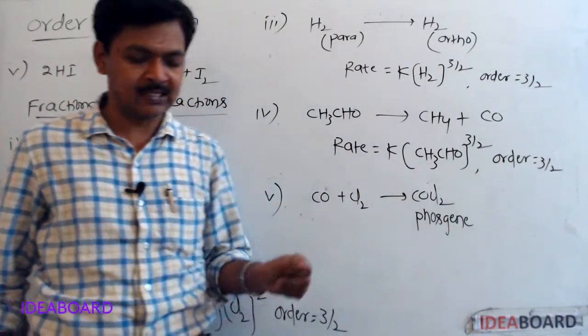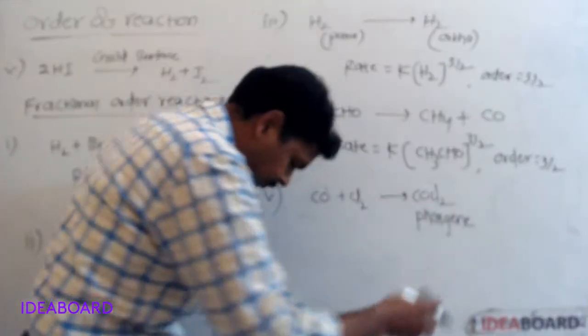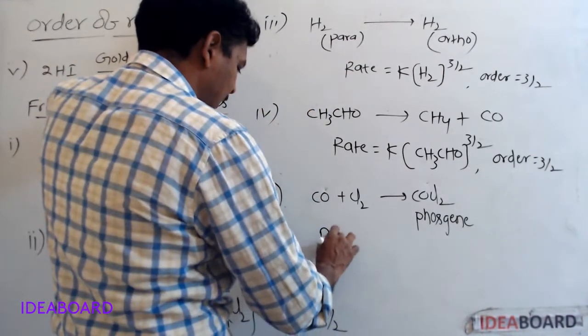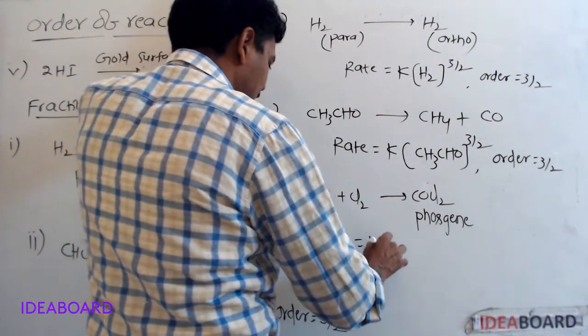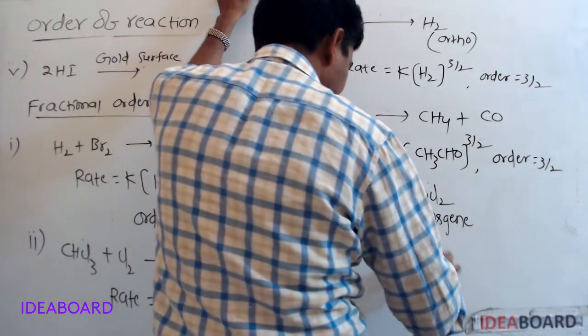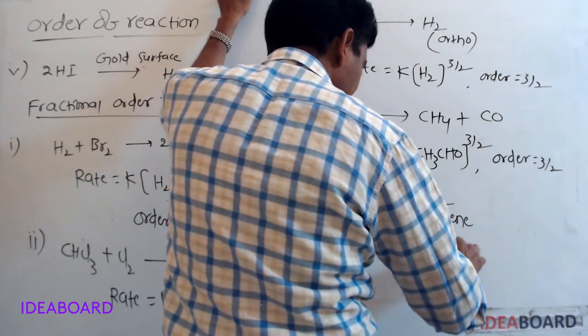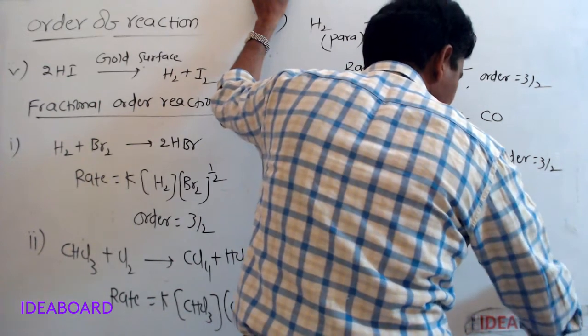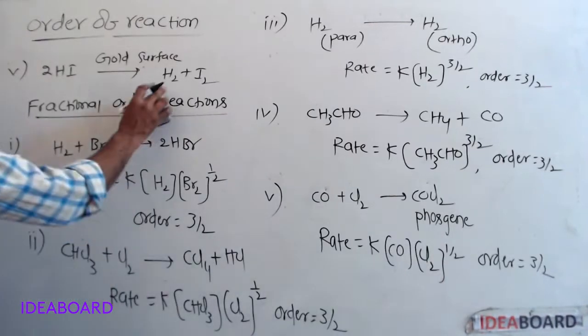Phosgene is a poisonous gas. This is also a fractional order reaction. Rate is equal to K into CO concentration into Cl2 concentration power 1 by 2. Order is equal to 1 plus 1 by 2, 3 by 2.